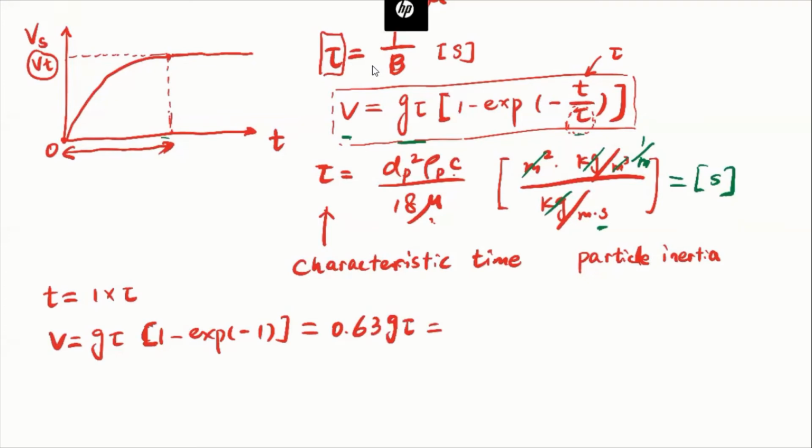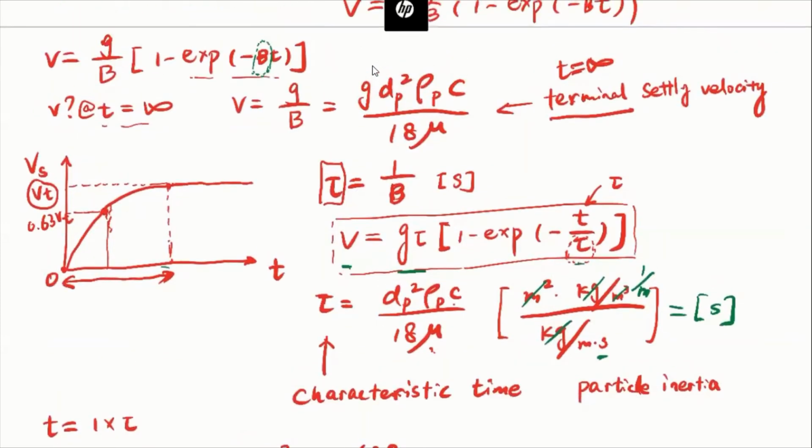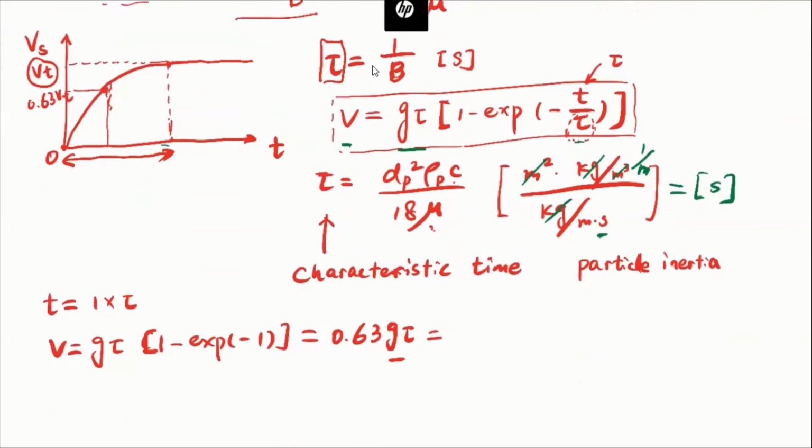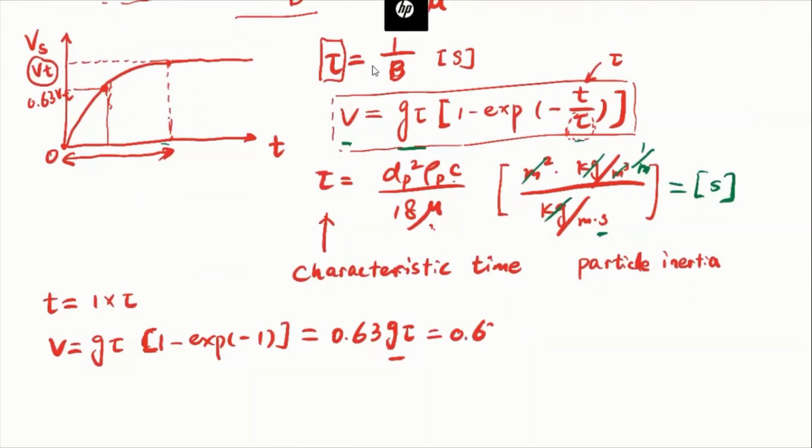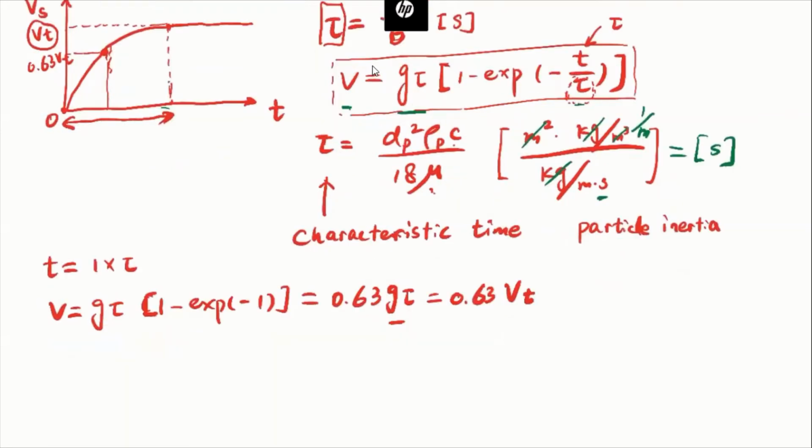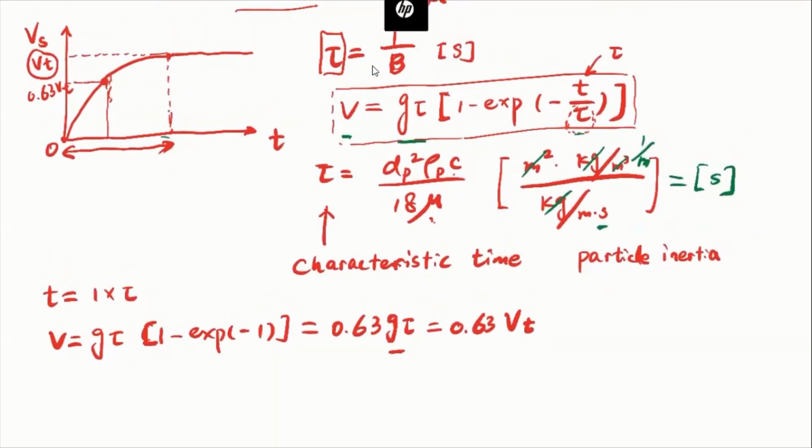Okay, so basically what that means is that at time equal to 1 tau, it's already at 0.63 of the terminal velocity, right? The g tau is the terminal velocity, which is this term here, g over b, right? That's g tau. Okay, 0.63 of the terminal velocity.